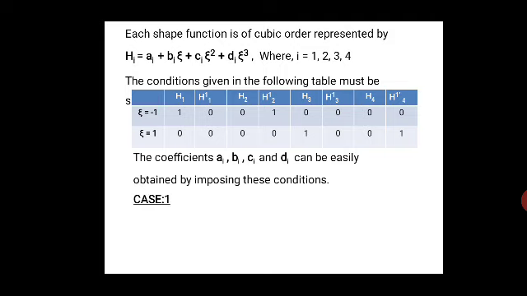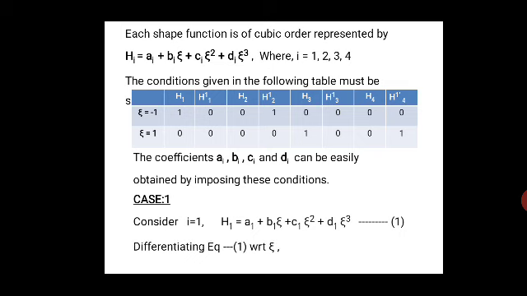Now let us consider case 1, that is, let i is equal to 1. When I substitute i is equal to 1 in the equation, H1 is equal to a1 plus b1 zeta plus c1 zeta square plus d1 zeta cube. Consider this as equation 1. Now differentiate the above equation with respect to zeta.